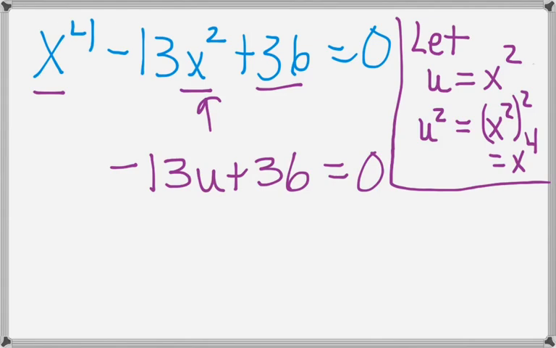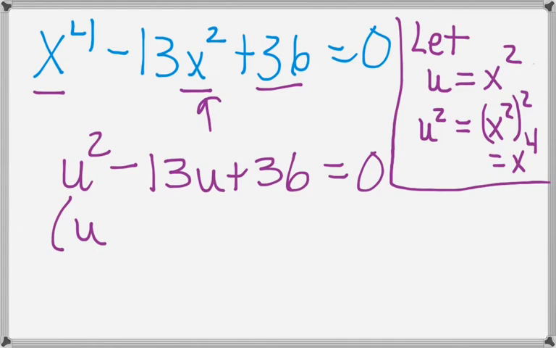So since u is replacing x squared, and x to the fourth is basically just x squared squared, then the first term is equal to u squared. So now this makes the equation take on an actual quadratic form, and so we can solve this just like we would solve any other quadratic.